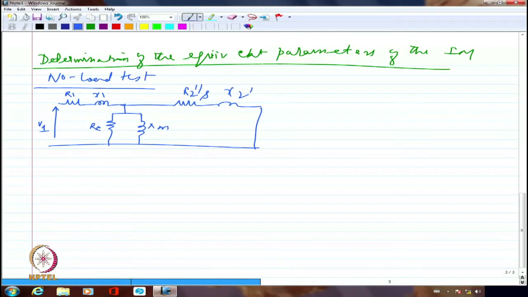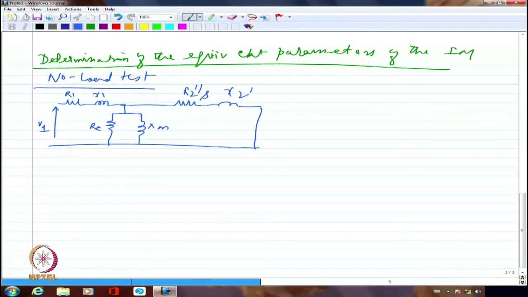The torque is 0. When the torque is 0, the slip will also be close to 0, if not exactly 0. Slip will be close to 0 because I am asking for literally 0 torque. I don't want any torque. That means the rotor current will be almost close to 0. The rotor current will not literally flow. It may have very, very minuscule value.